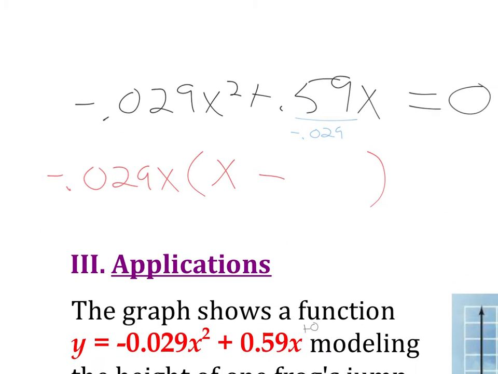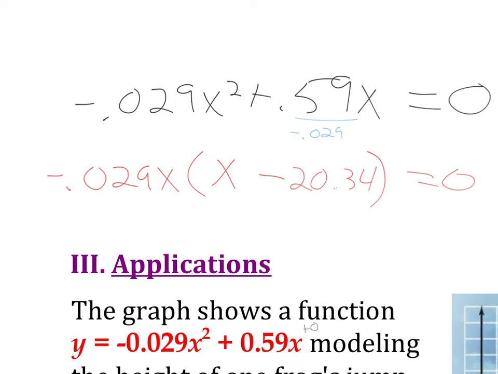Fortunately, I've been graced with a calculator. So if I divide that out, I will get negative 20.344. I'll round that to just 0.34. And that whole thing is equal to 0.